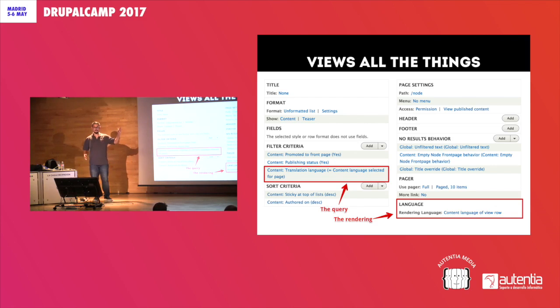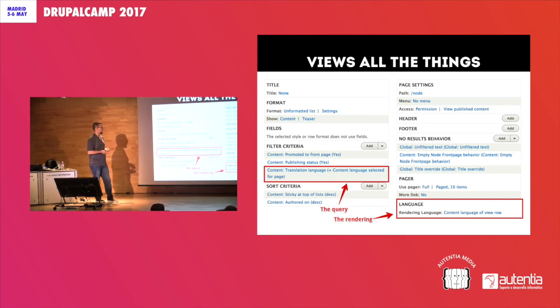As you know, Views is a module that has two functions. One is querying your system for getting data with some filters and then displaying them. So we have language integrated into the queries and also the rendering. So you can filter by language and then decide in which language you want to show that.